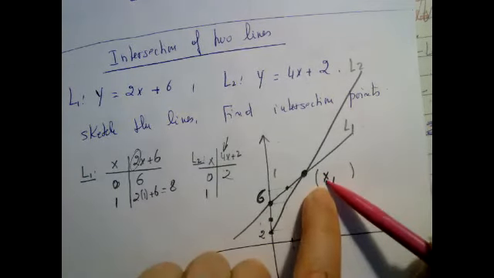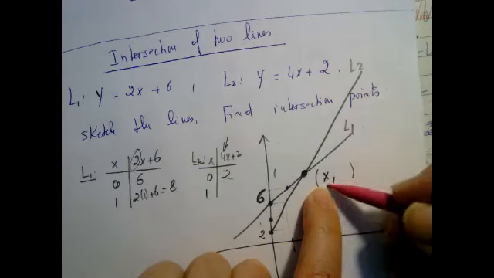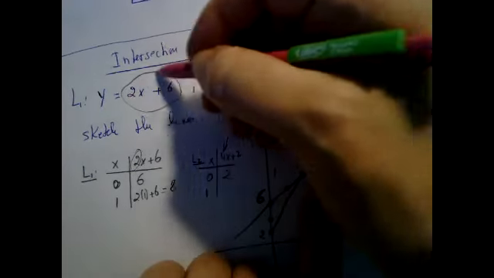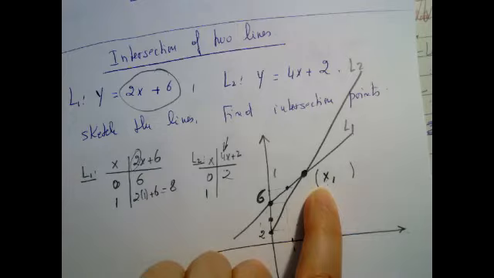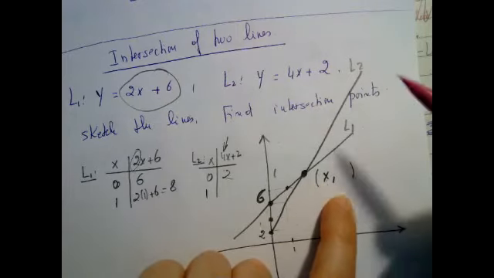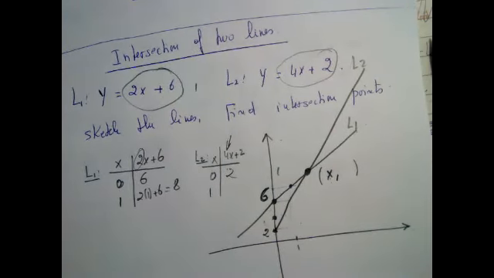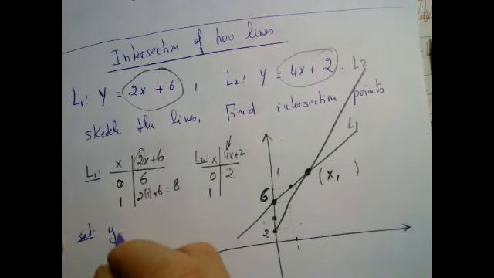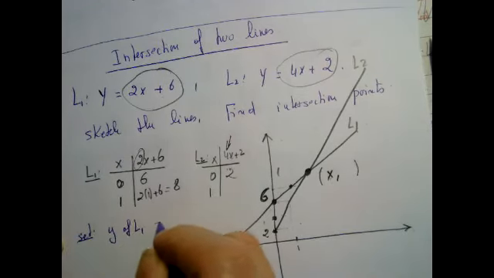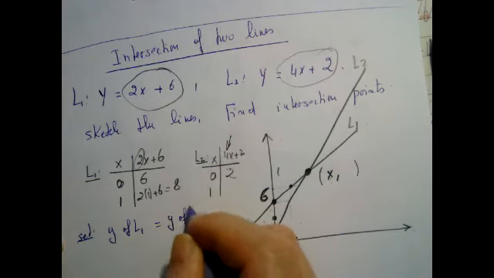We need to find the value of x, so that if I plug x into this formula, the y in here and the y in here have to be equal. So to find the intersection point, we're going to set the y of L1 equal to the y of L2.